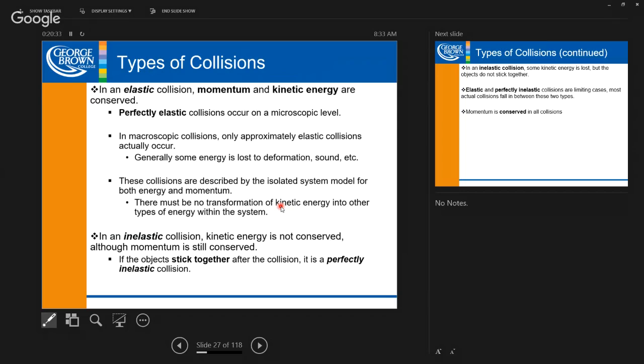There are different kinds of elastic collisions as well. There's a perfectly elastic collision, almost like a perfectly bouncing ball. That usually doesn't occur in the real world. Why is that? Because of energy absorption. A perfectly elastic collision happens at the microscopic level between atoms. But at the macroscopic level, in the real world, we have energy loss because of deformation, sound, crumpling, all that stuff.